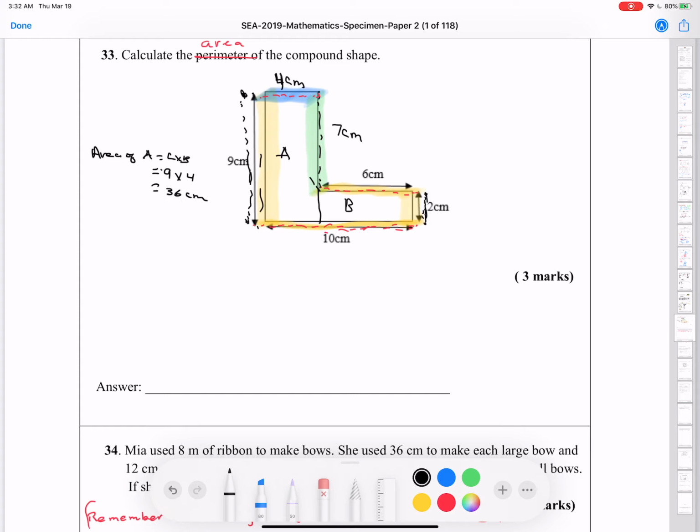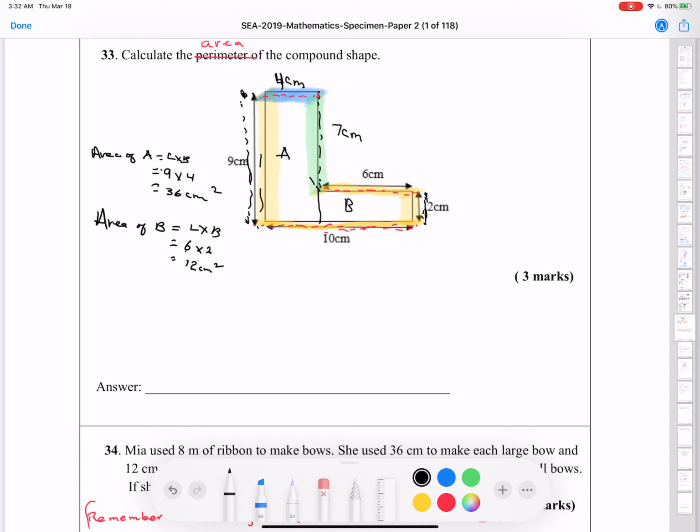And B, length is 6 and breadth is 2. Area of B equals length times breadth equals 6 times 2 equals 12 centimeters. Ooh, I didn't put my squared.